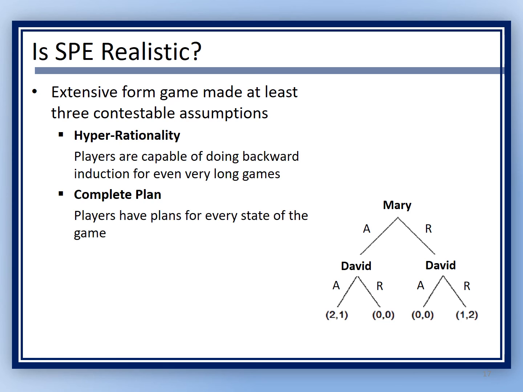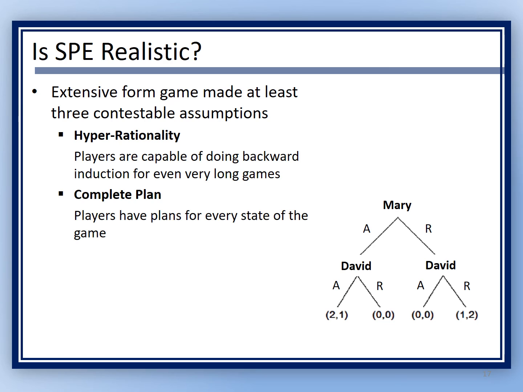The last time we had an earthquake was 60 years ago, something like that. So it has been a long time, but there is a chance. Real humans do not have plans for every single possible scenario because there are just too many of them. So game theory assumes that's the case.